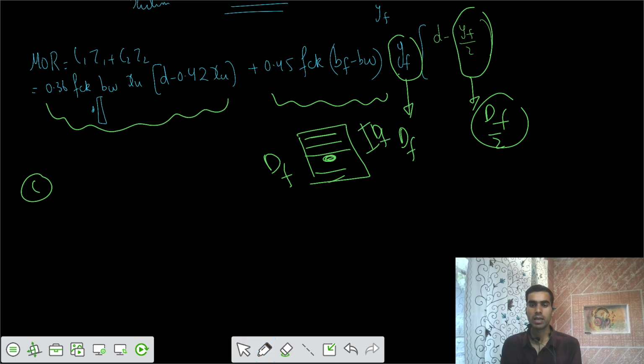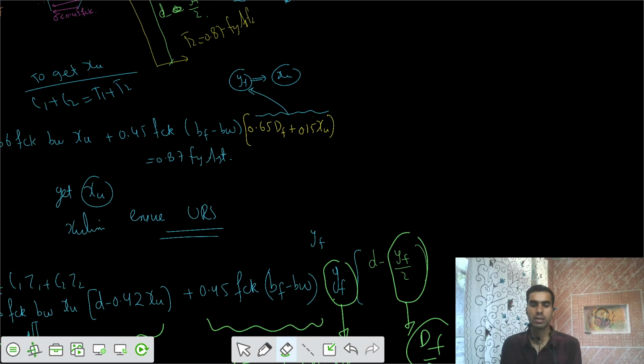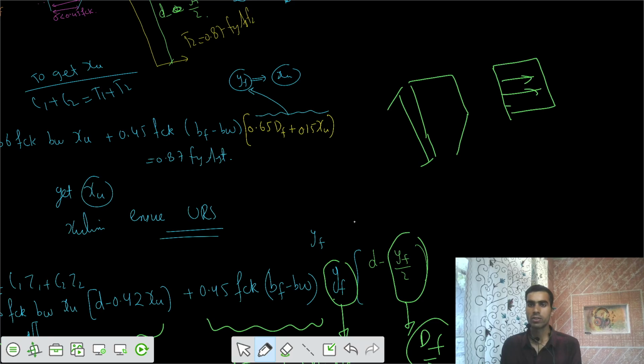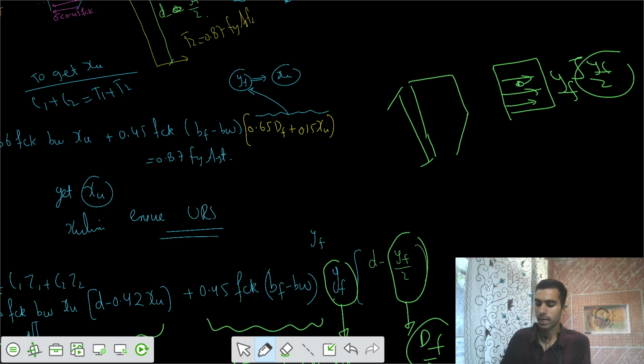And in this case, that is case B, we have stress variation in this way after the DF. This was DF, but then I fixed that stress as a constant function after the value of YF, and the centroid was here at YF by 2. Okay, I think this is the end of the analysis for the flanged beam.